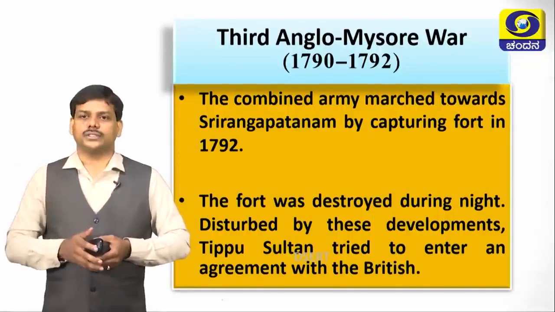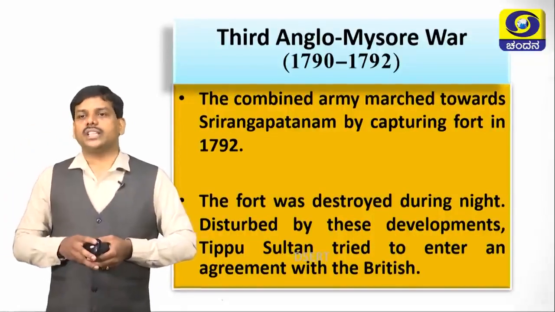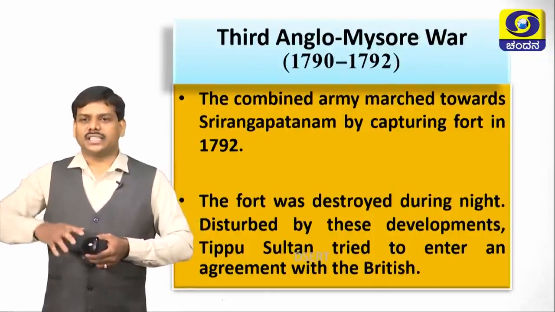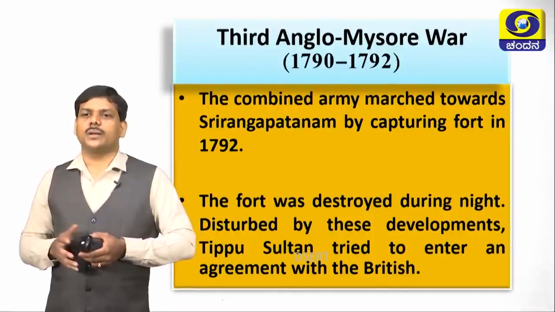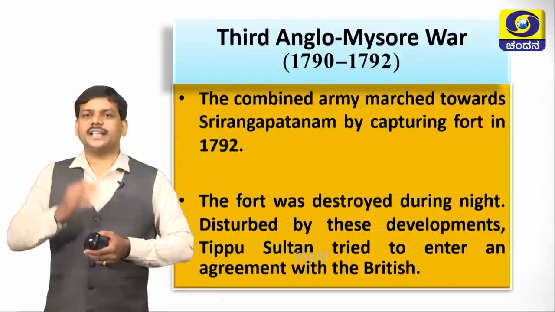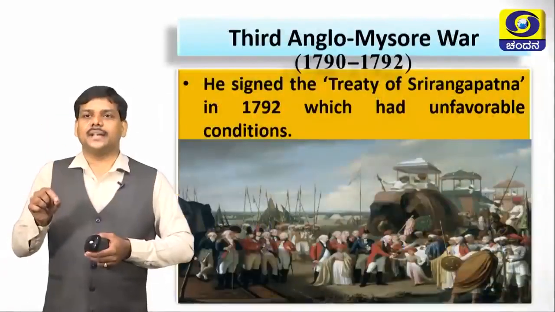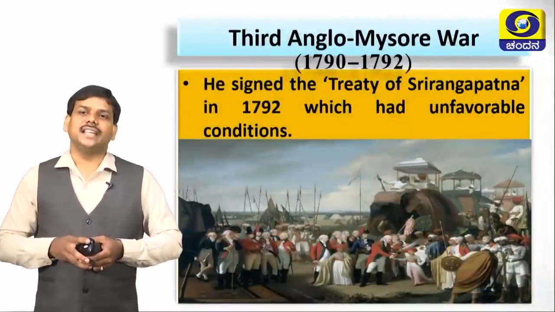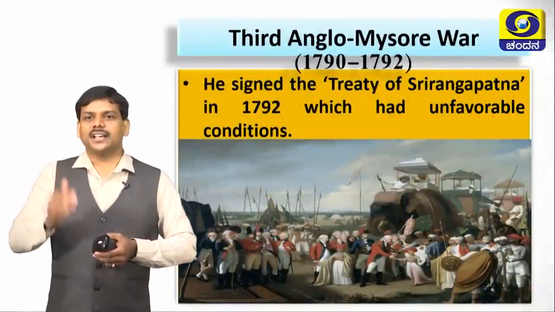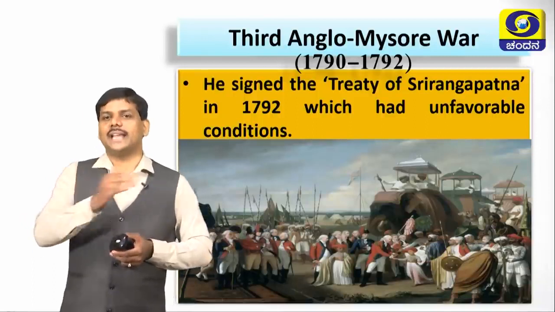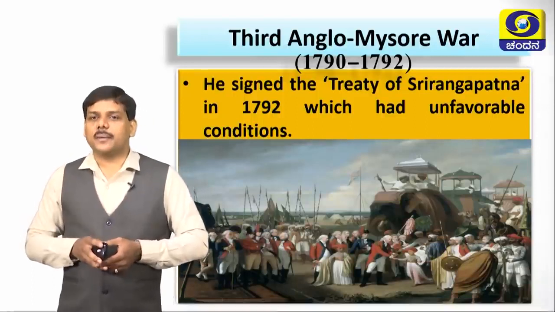The Srirangapattanam fort was destroyed during the night. Disturbed by all these developments, Tipu Sultan decided to enter an agreement with the British. That agreement is known as the Treaty of Srirangapattanam. The Third Anglo-Mysore War came to an end by the Treaty of Srirangapattanam.